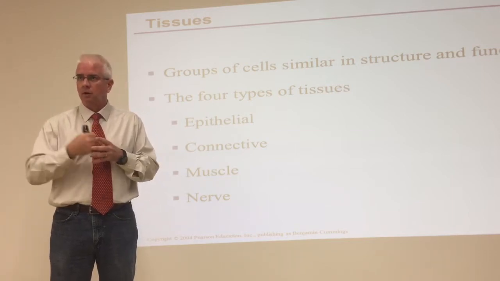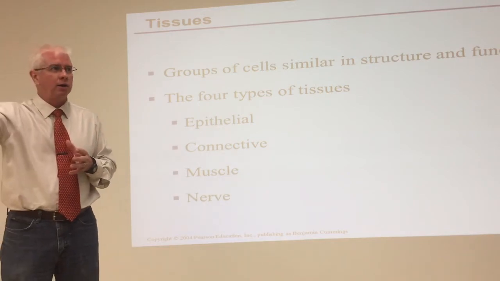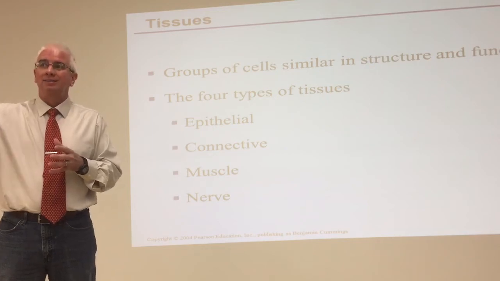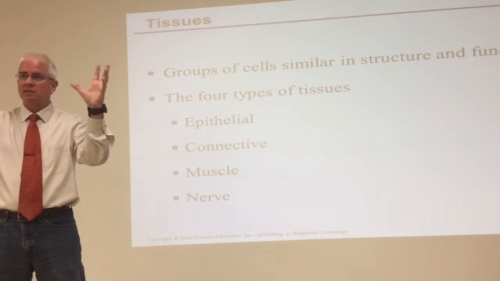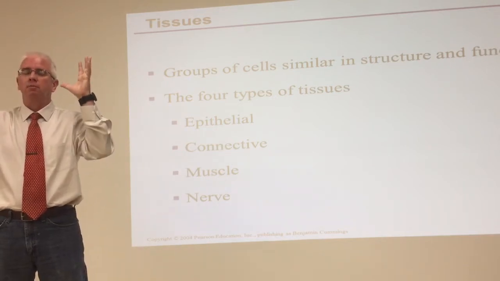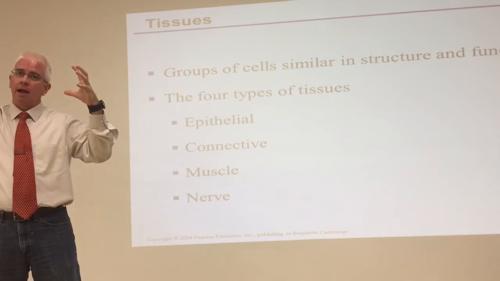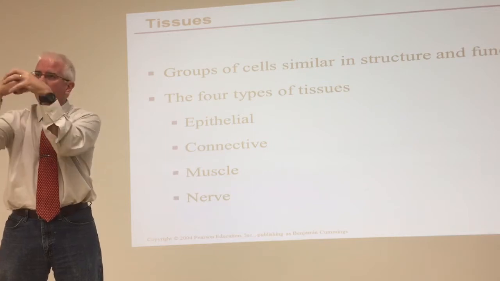Now your textbook uses the example that every book uses, and that's the illustration of the fist and the balloon. So if my fist is the body organ, it's the lungs, it's the heart, it's the stomach, and the balloon represents the serous membrane. And I press my fist into the balloon so that the balloon is now covering my fist.